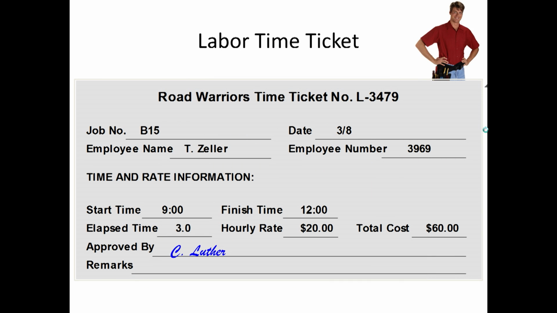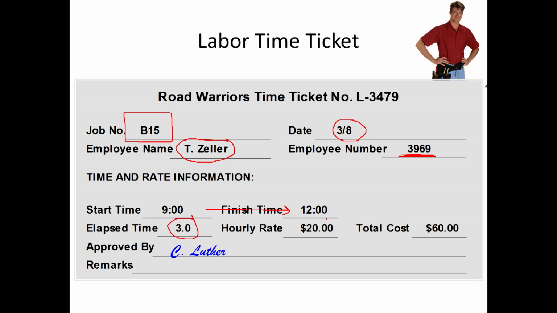Let's see one. Okay, let's say that there's this guy named T. Zeller, and he is employee number 3969. And on March the 8th, from 9 in the morning to noon, for those 3 hours, he is working on job number B15 for Carol Connor. Okay?